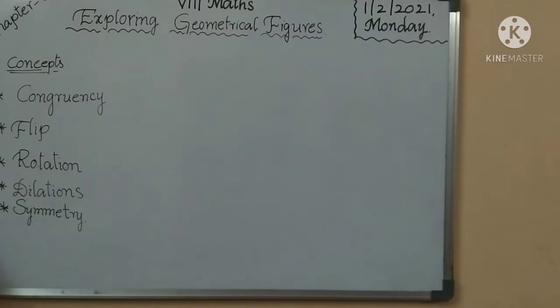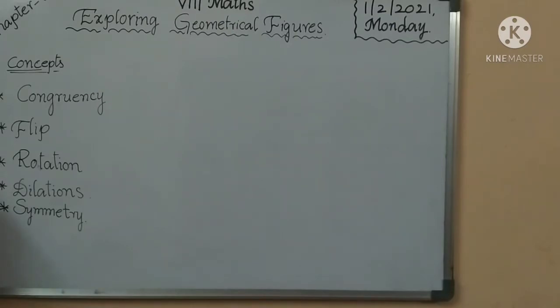What is the meaning of exploring geometrical figures? It means unfamiliar areas and different types of figures. Geometrical figures means different types of figures, for example triangle, square, rectangle, and polygons.